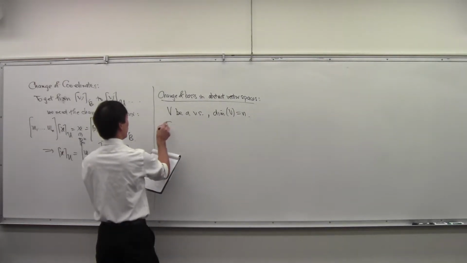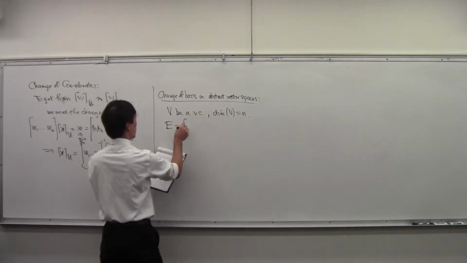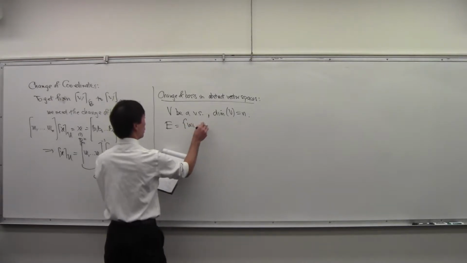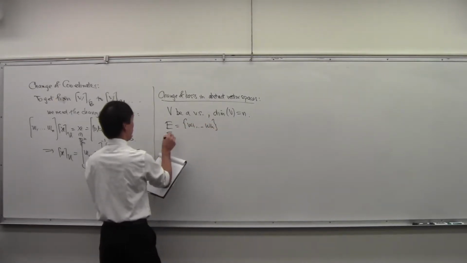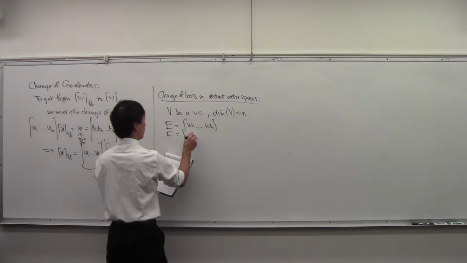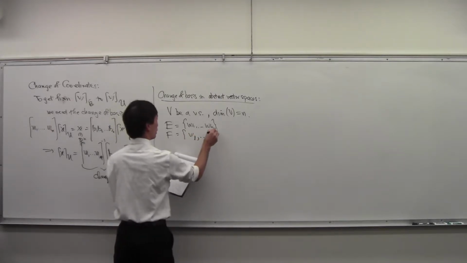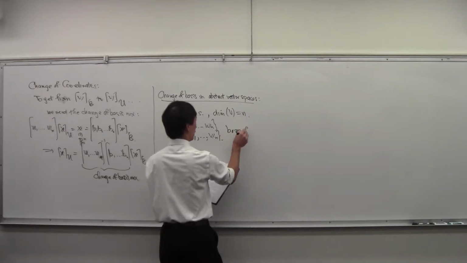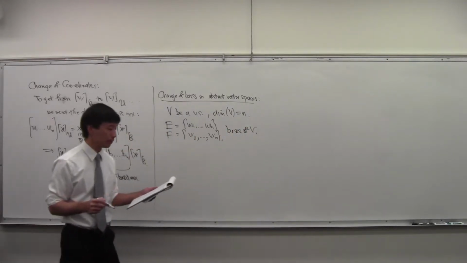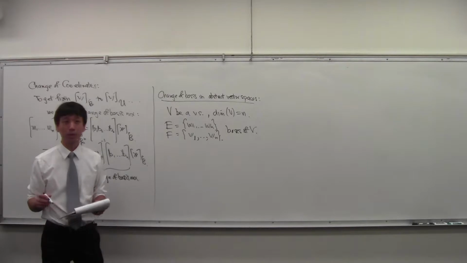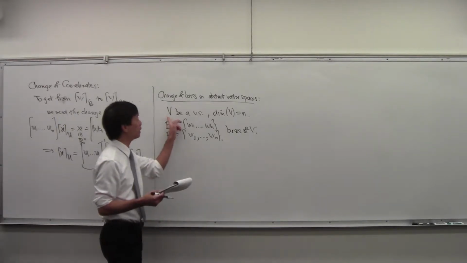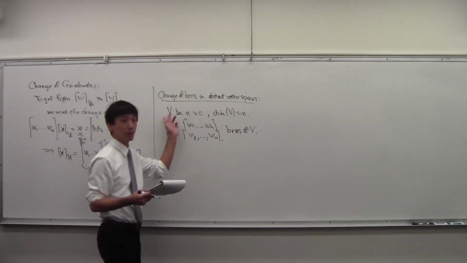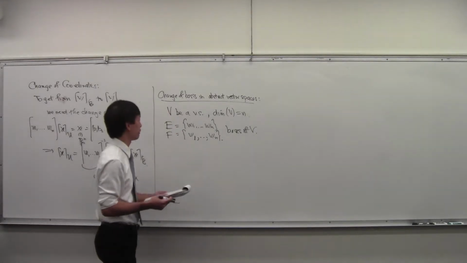Let's say you have two bases, E, which is W1 through Wn, and F, V1 through Vn. These are both bases of V. Just as before, whenever you have a vector, you can get a coordinate vector.